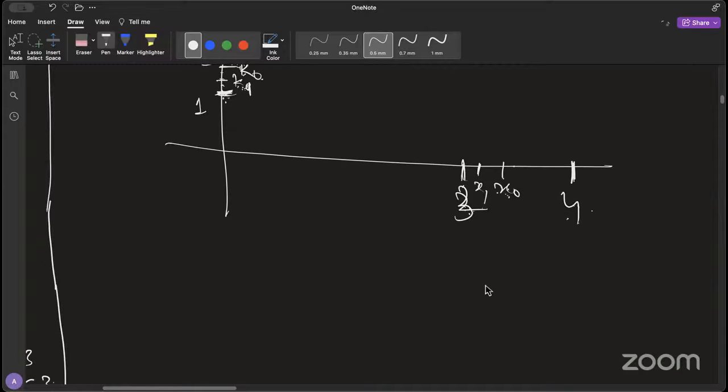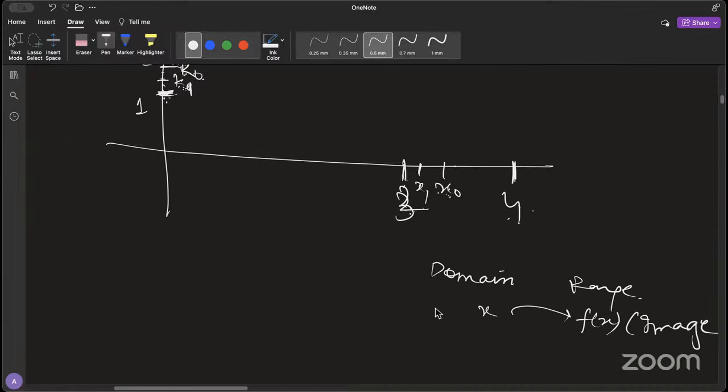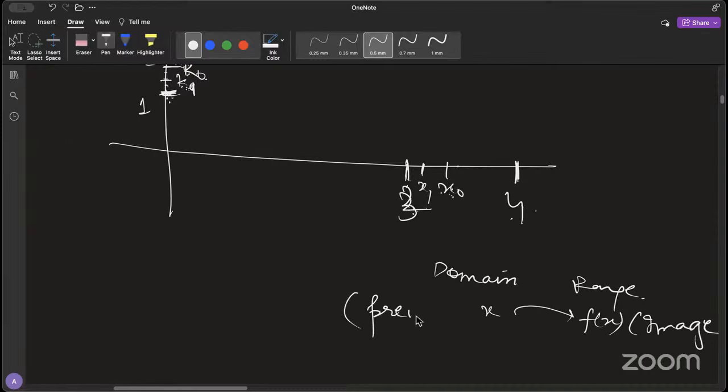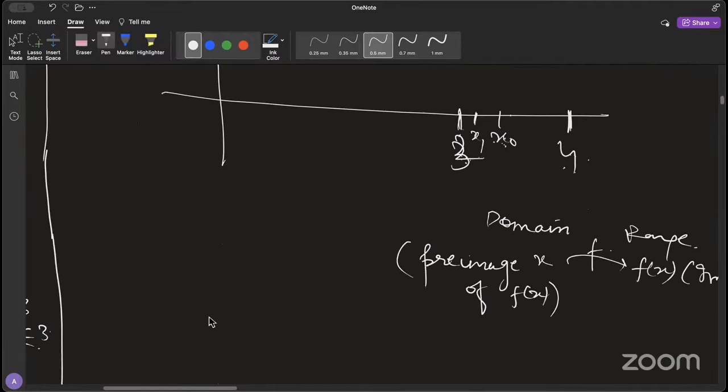So if you have x here, f(x) is called the image of x, and x is called the pre-image of f(x) under f, right? I hope this part is clear to everyone.